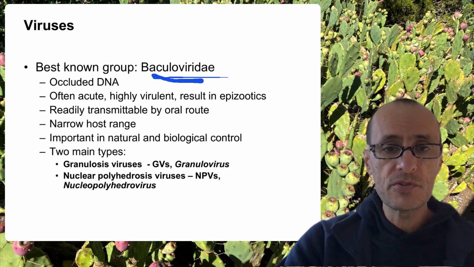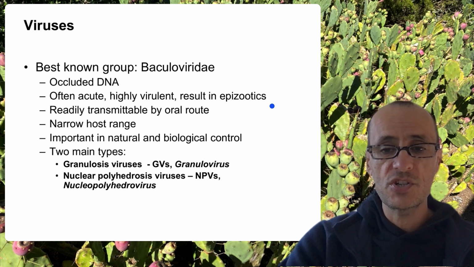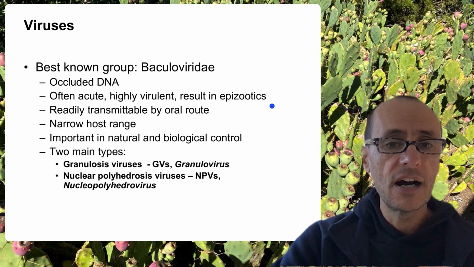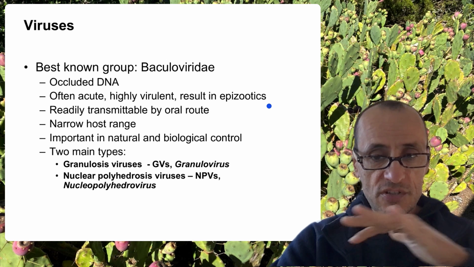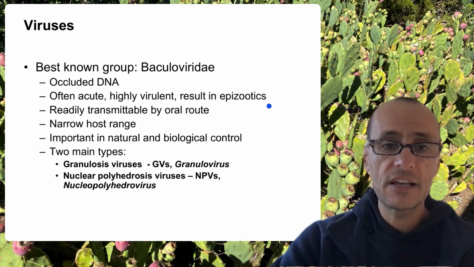Baculoviruses are probably the best studied group. They result in these epizootics, which are these sweeping through of populations and high mortality events. They're transmittable by ingestion. So if there's a virus on the surface of a leaf and a caterpillar is feeding on it, this is how they can come in.